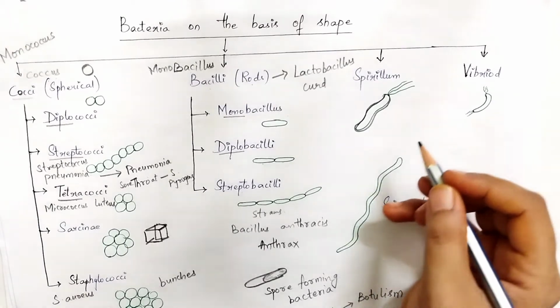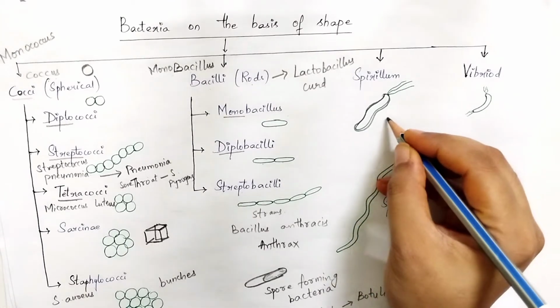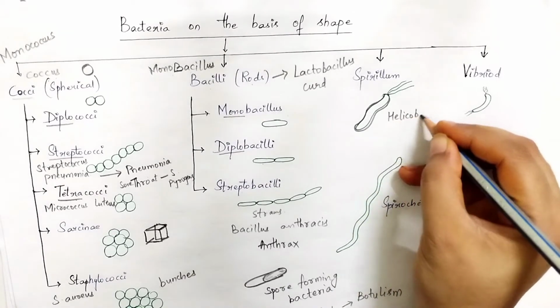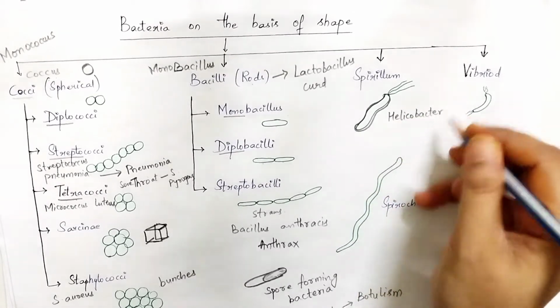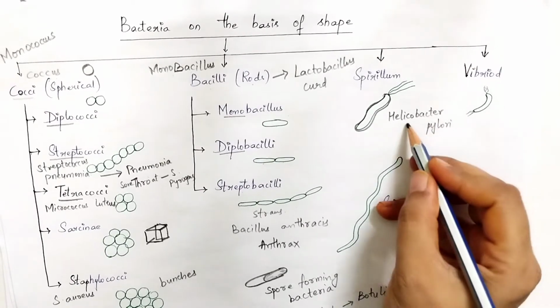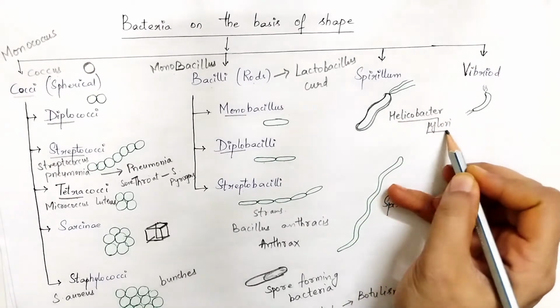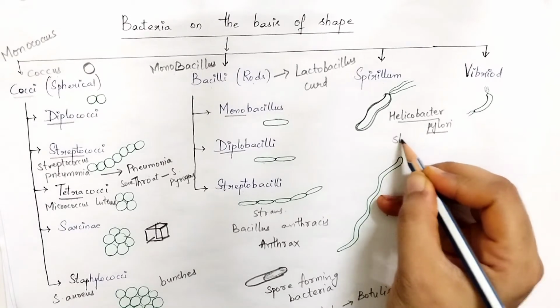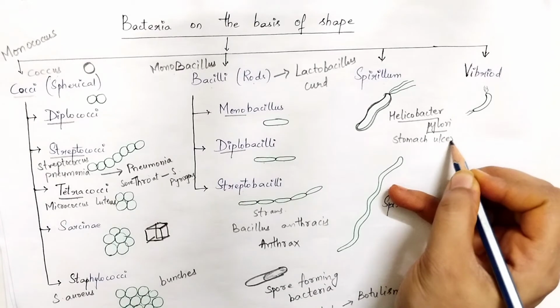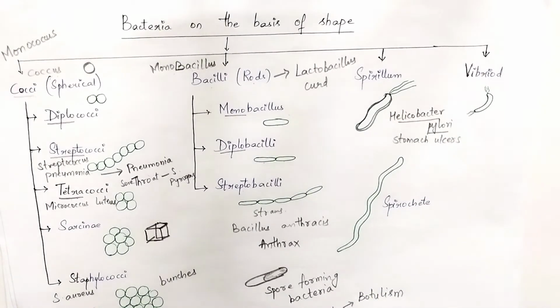The best example for this is Helicobacter pylori. This type of bacteria, especially Helicobacter pylori, is responsible for stomach ulcers.